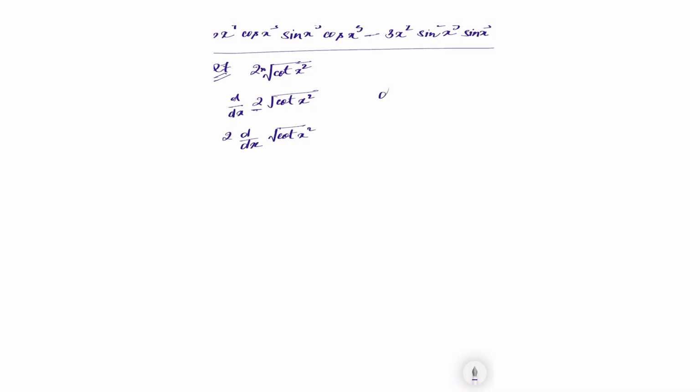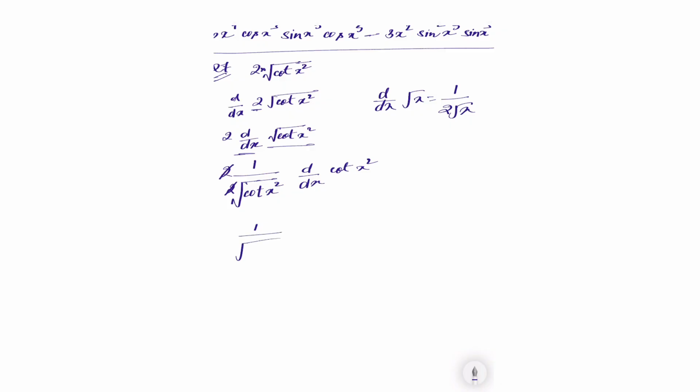Already learnt, d dx of root x is equal to 1 by 2 root x. So here cot x square you can assume as x. So 2 d dx of under root will be 1 by 2 under root cot x square. Now we will enter the second gate, d dx of cot x square. Here 2 and 2 will be cancelled.